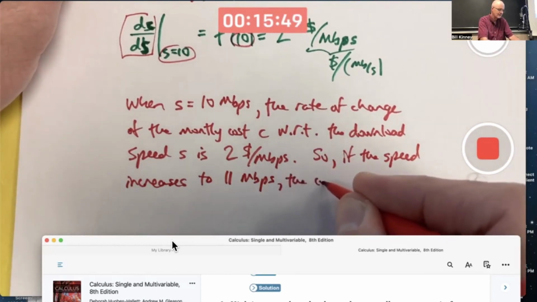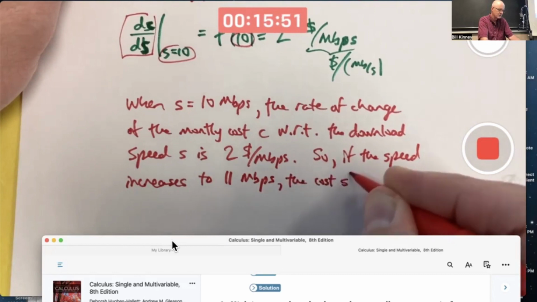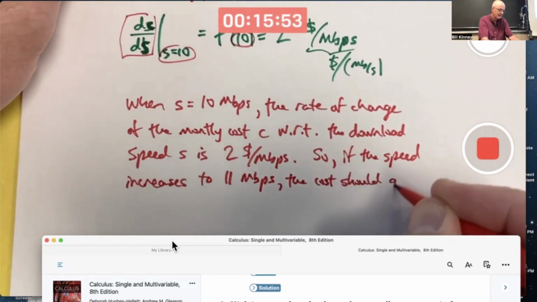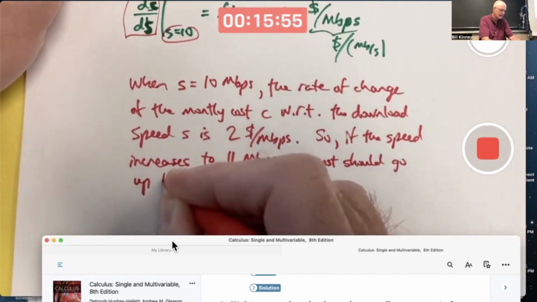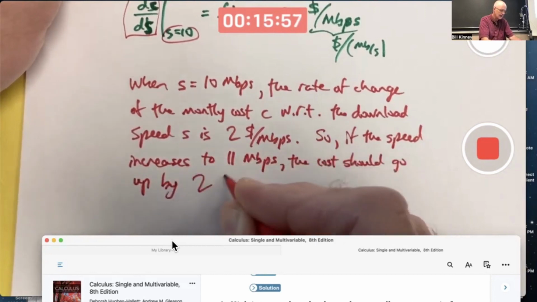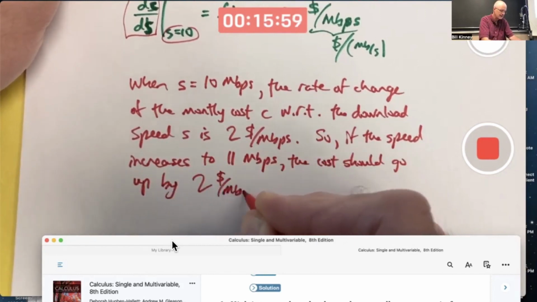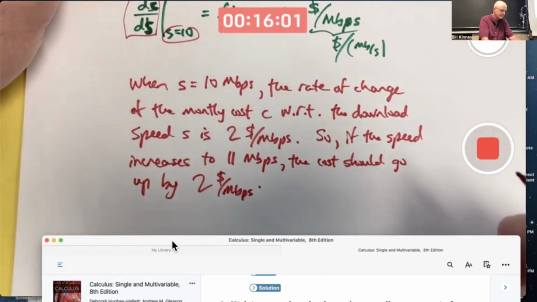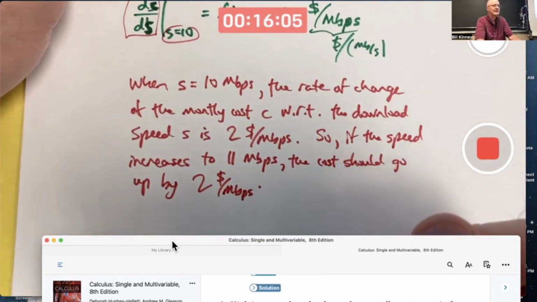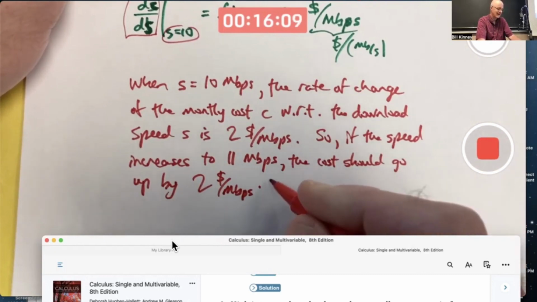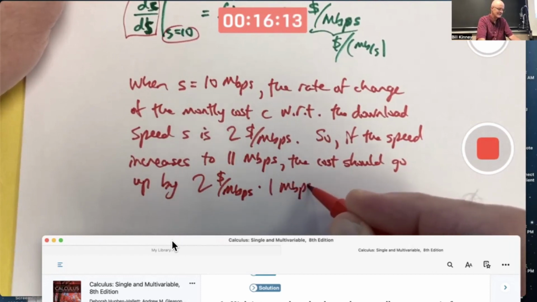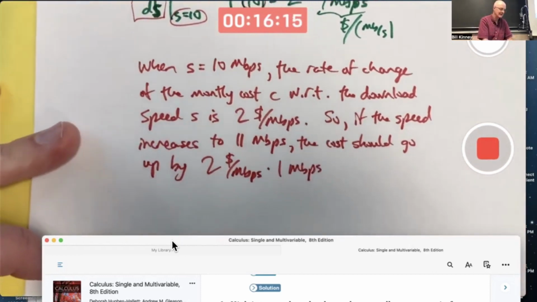The cost should go up by $2 per megabyte per second times 11 or times 1? Times 1, not 11. 11 is the actual speed.